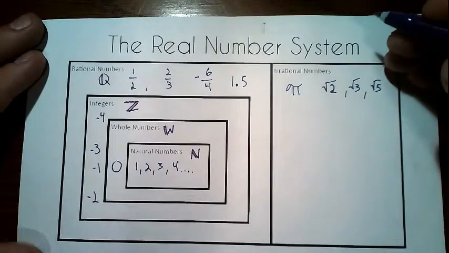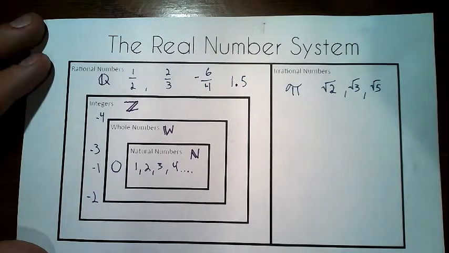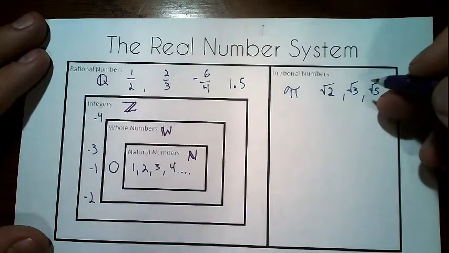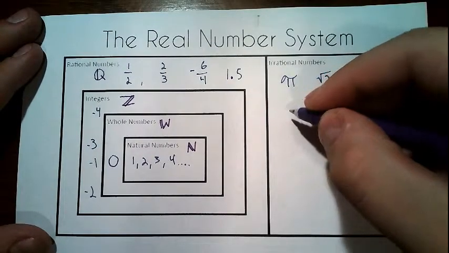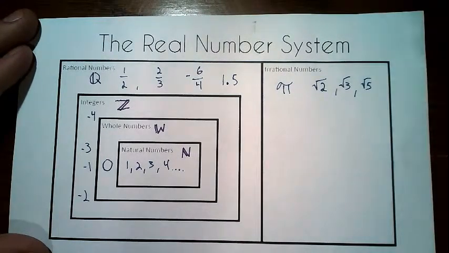Irrational numbers: there is a way that we represent irrational numbers as a system, and a different name for them is algebraic rational numbers.